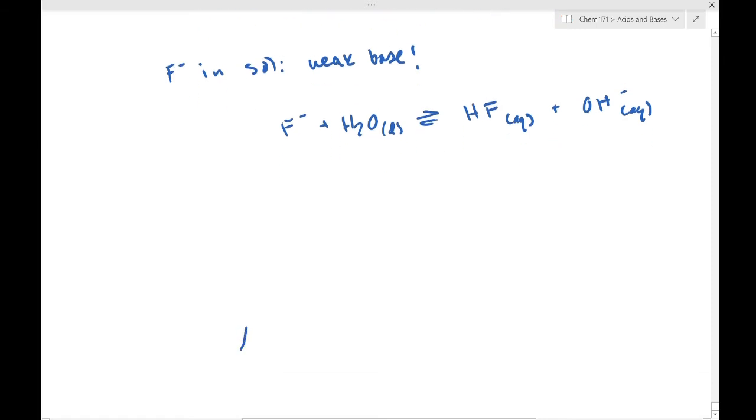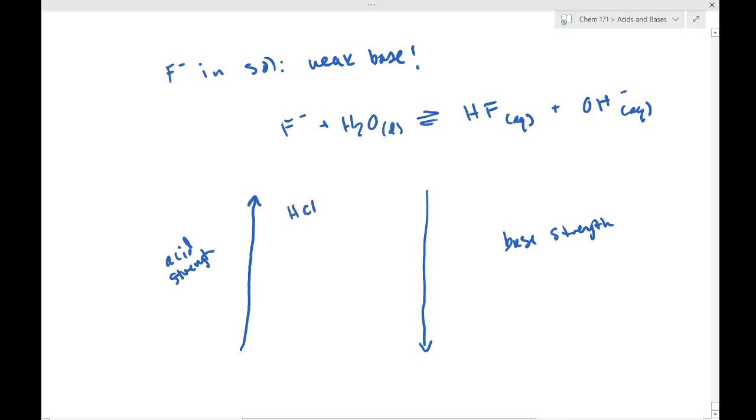Okay, if we look on a scale of strong acid going up, so we have acid strength on this axis and base strength on this axis. We have HCl, for example, way up at the top. And we have its conjugate base, Cl minus.